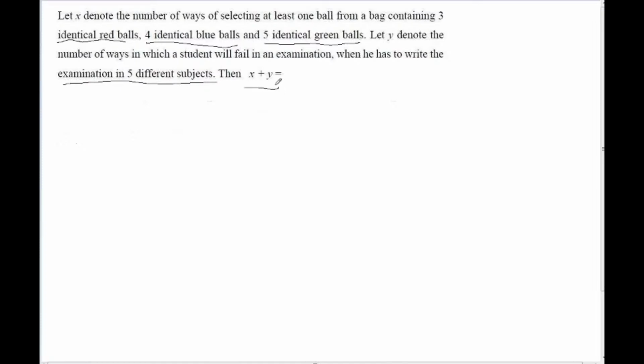Here X denotes the number of ways of selecting at least one ball from a bag containing three identical red balls, four identical blue balls, and five identical green balls.